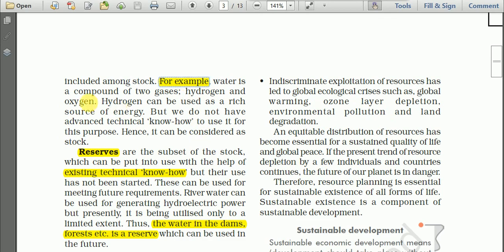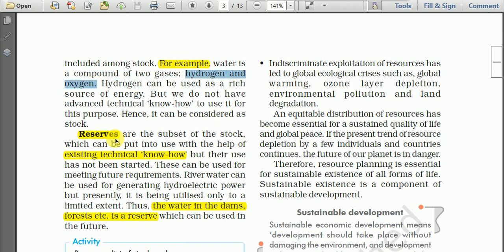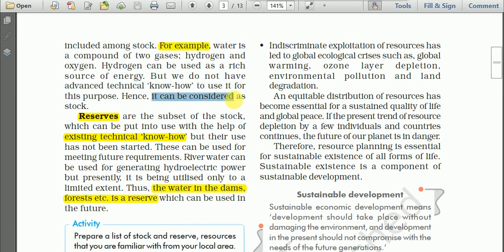Say for example, water is a compound of two gases, hydrogen and oxygen. Hydrogen can be used as a rich source of energy, but we do not have advanced technical know-how to use it for this purpose, and hence it can be considered as a stock.